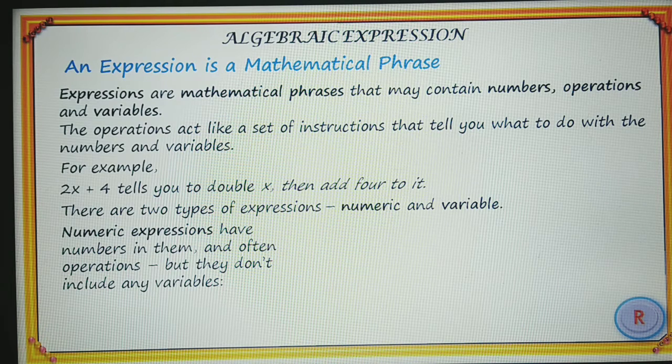Numeric expressions have numbers in them and often operations, but they don't include any variables. For example, 5 plus 13, 2 into 5 minus 6, 8 plus 7 divided by 6.